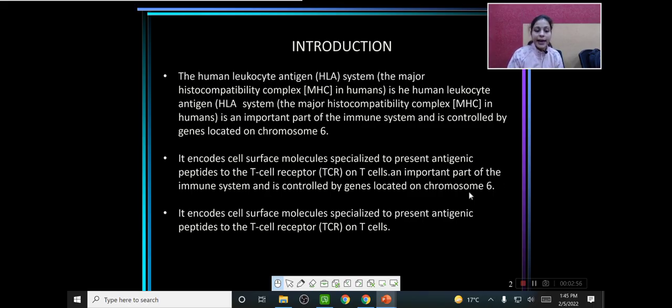This MHC is recognized by the T cell receptor, not the B cell. Remember this. There are two types of cells, T cells and B cells, right?